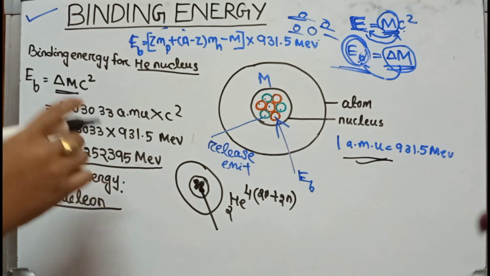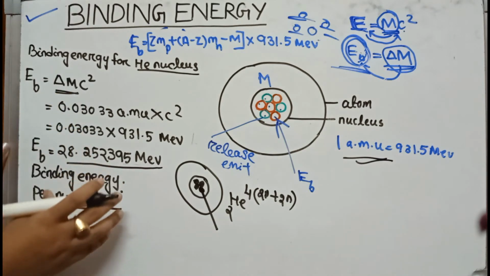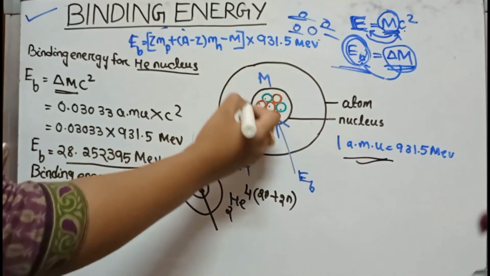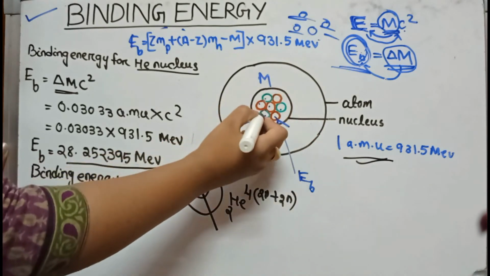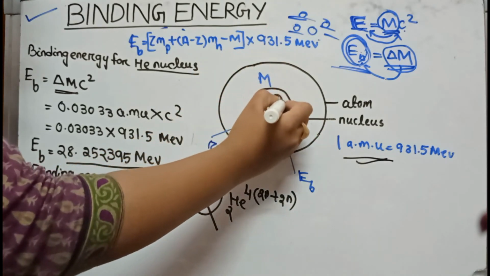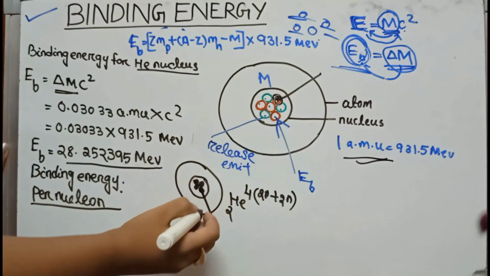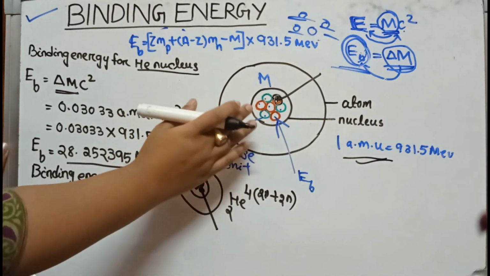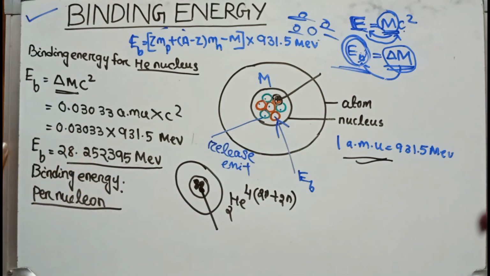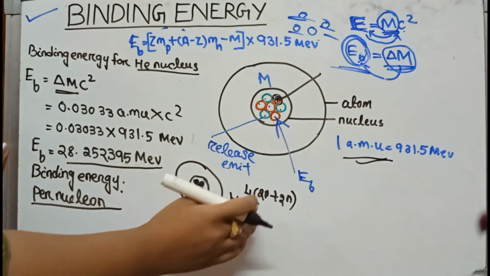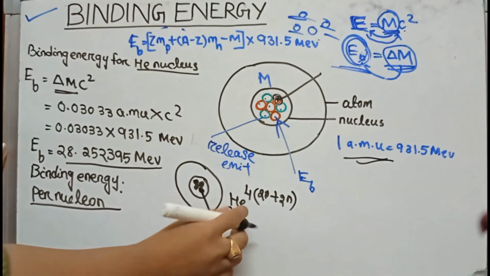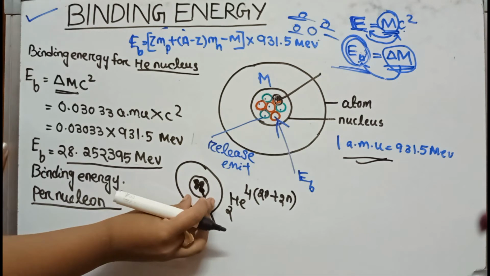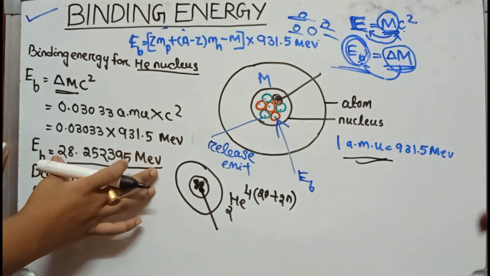Binding energy per nucleon means the amount of energy needed when we provide to a nucleus so that only a single nucleon is released from the nucleus. See here students, with this example, if 4 nucleons are released from the nucleus, this is the binding energy.